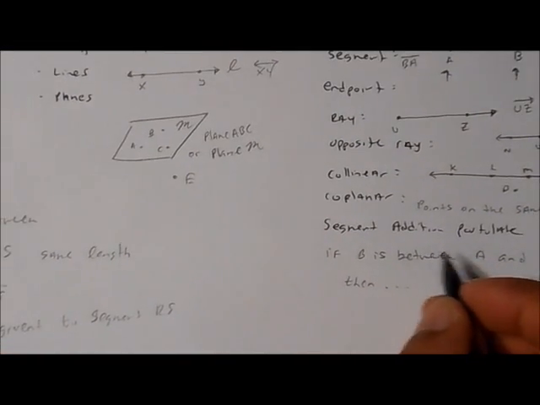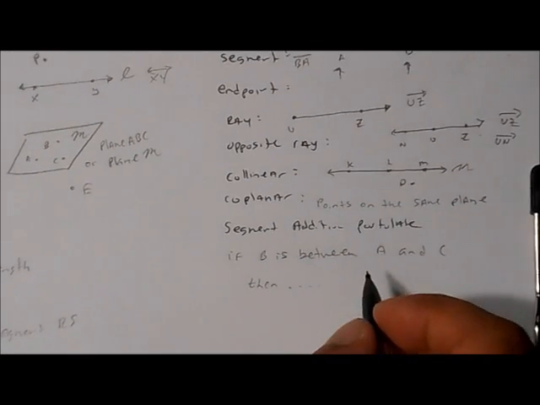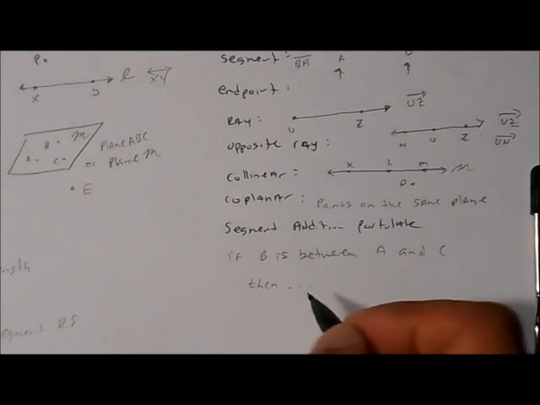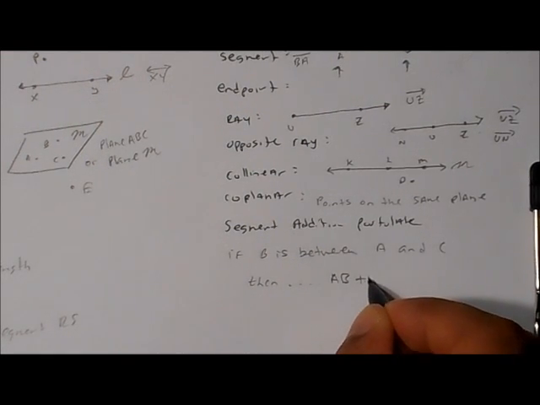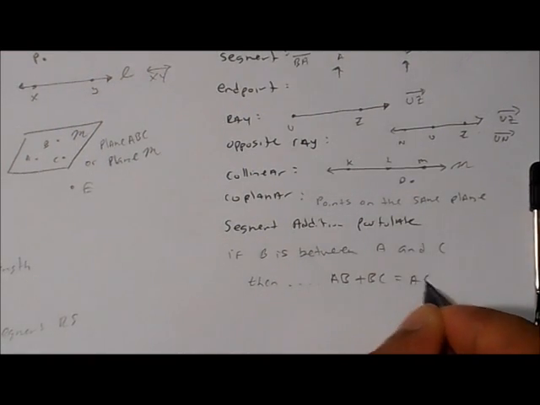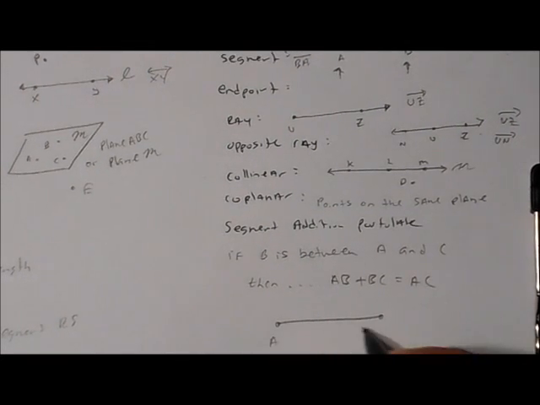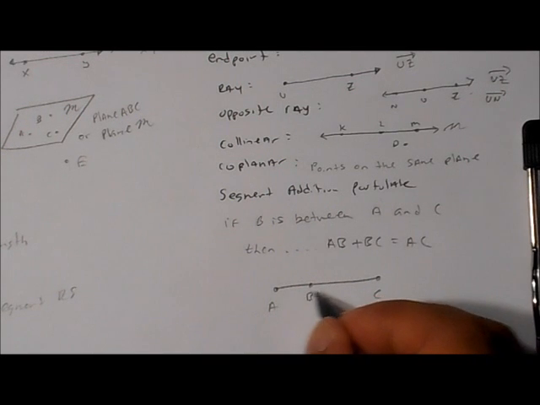Now here, the segment addition postulate is something we're going to work with, and I believe it's 1-2. Whenever you hear the phrase, if B is between A and C, then AB plus BC is equal to AC. That's just saying that we have points A and C, and B can be somewhere in between, but it won't be at the halfway. We don't know if it's halfway.